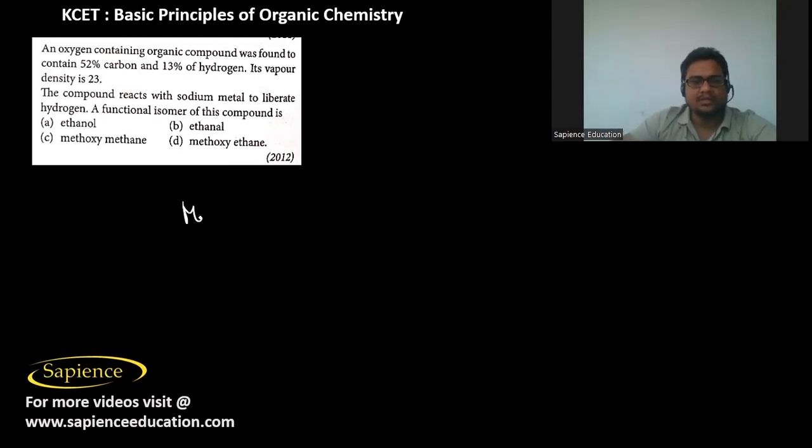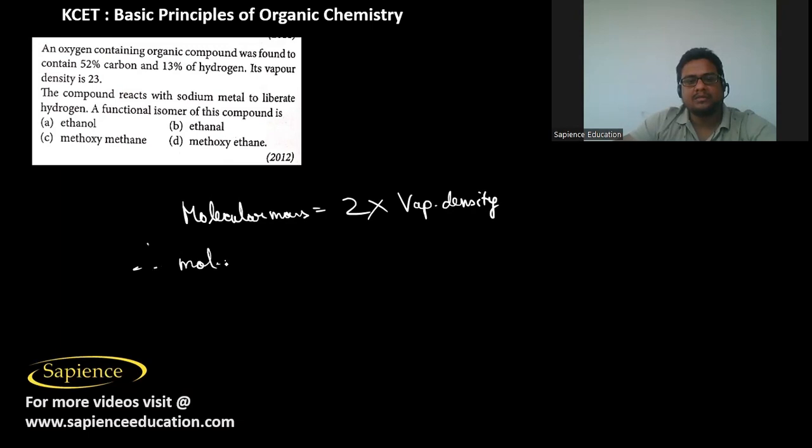so now we know that molecular mass equals twice the vapor density. So therefore here the molecular mass will be 2 times 23, that is 46. So it contains oxygen.